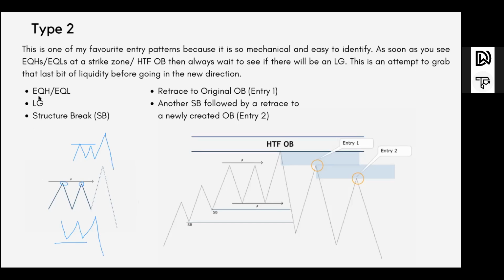So then we look for the liquidity grab. The liquidity grab is a push that grabs the liquidity above or below this area where liquidity resides. You should all by now know where liquidity is, as we've discussed it many times, and it's in the course as well. Whenever you see price creating equal highs, do not enter yet.